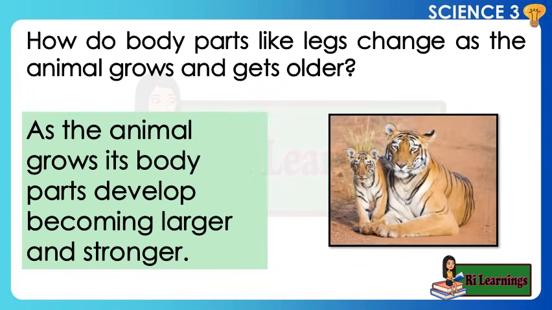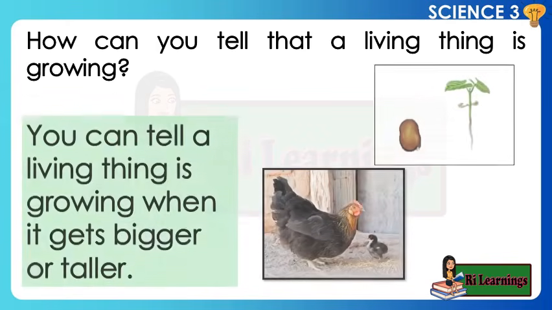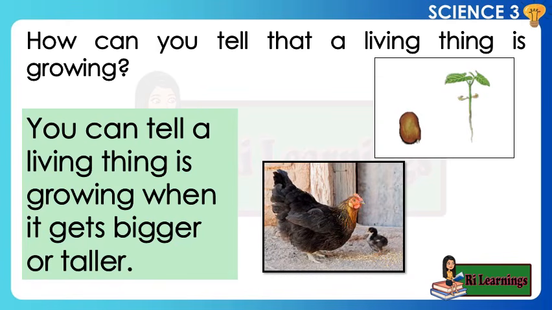As the animal grows, its body parts develop, becoming larger and stronger. How can you tell that a living thing is growing? You can tell a living thing is growing when it gets bigger or taller.